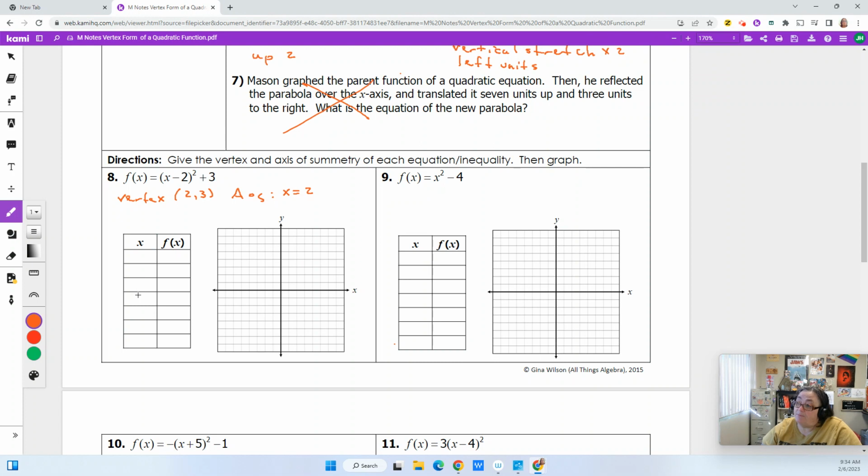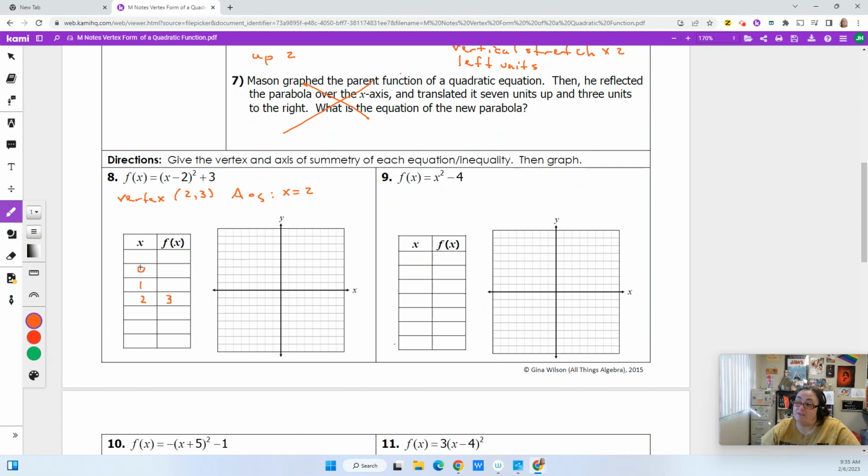We're going to start by putting this 2, 3 in the center, and then we're going to pick points around it on both sides because, like absolute values, quadratics, these parabolas that they form, are also symmetric, right? So if we know this axis of symmetry and we know the vertex, we know everything's going to be symmetric around it.